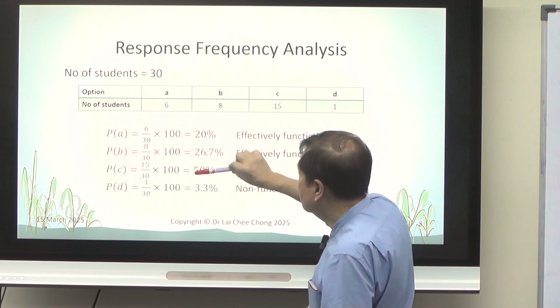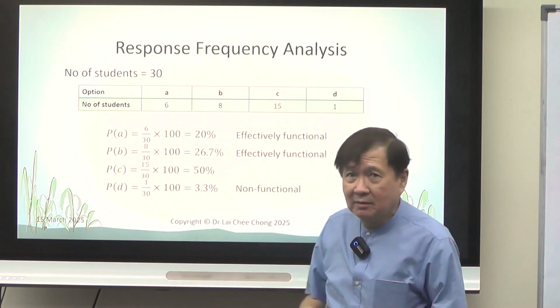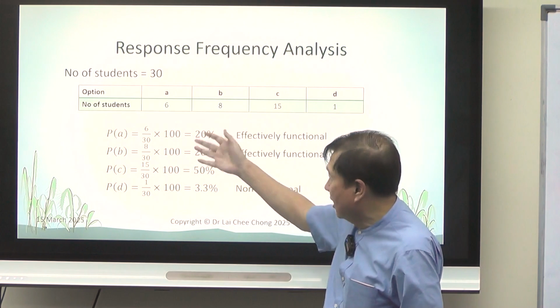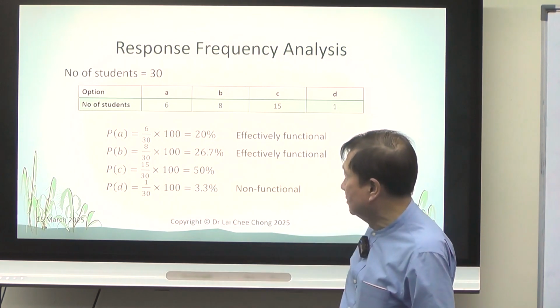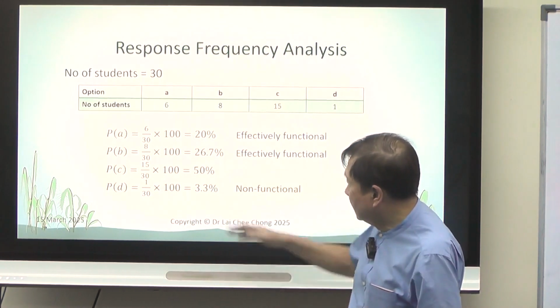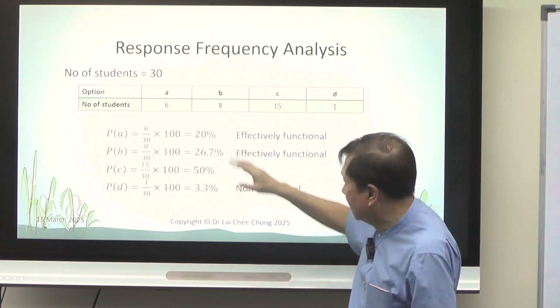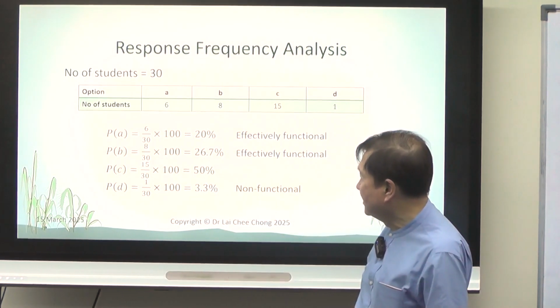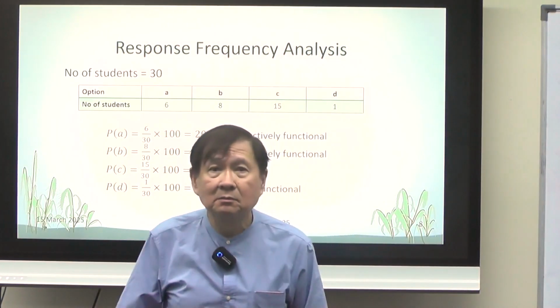Now these are the ones that distract the students there, right? How many percent choose A? 100% choose B, for example. So these are basically what you can see. Now the D would be, by the way, only 3.3%. That means what? It's a lousy distractor.